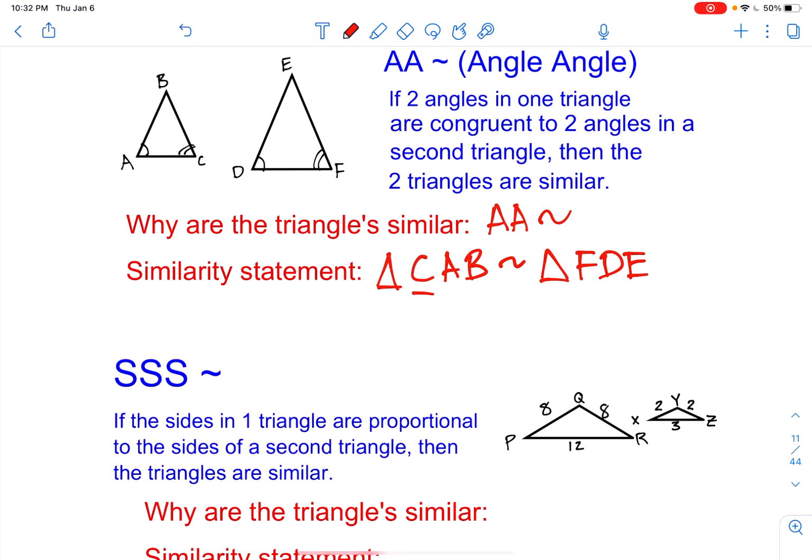Notice that C is similar to F, and that A is similar to D, and B is similar to E. Okay. All right.